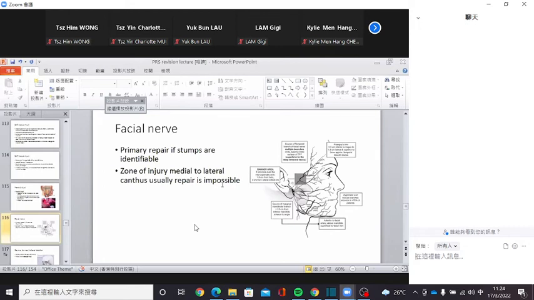For facial nerve primary repair, the stumps must be identifiable. If the zone of injury is medial to the lateral canthus, those are usually not repairable because the nerve is too tiny, so usually we will not try to repair it. Otherwise, if it is lateral to the lateral canthus, we'll try to find the two cut ends and repair it.